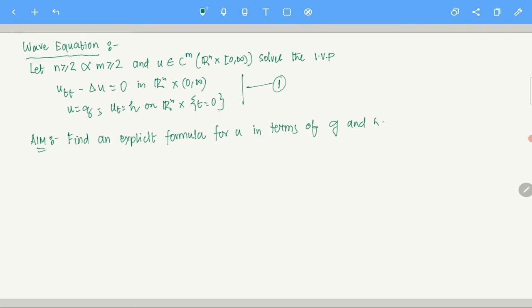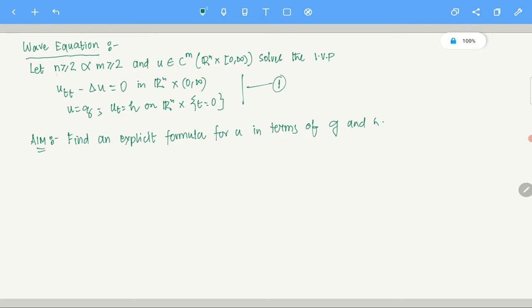To do that, we are going to somehow utilize D'Alembert's, but that will come later. First, we are going to reduce this to something like a one-dimensional problem. The wave equation is a little complicated for an odd dimension n.